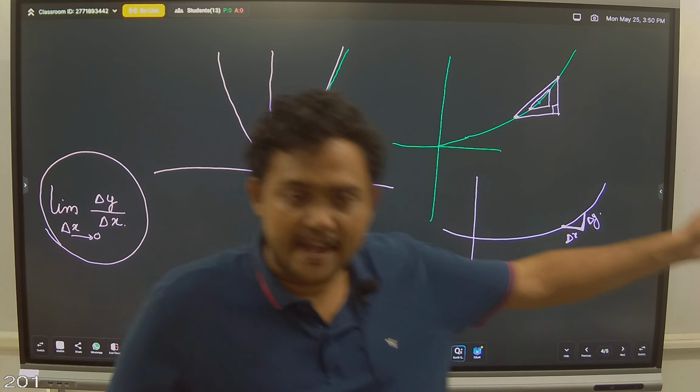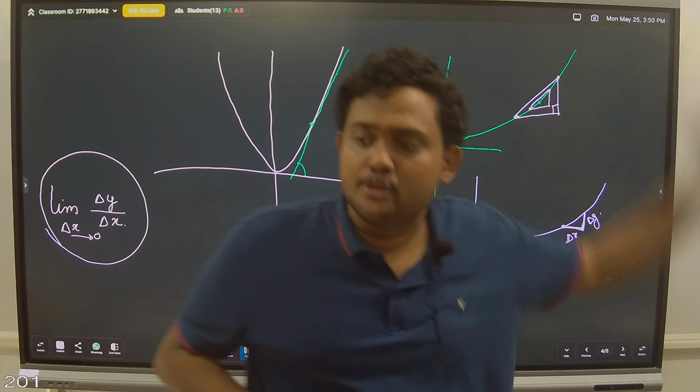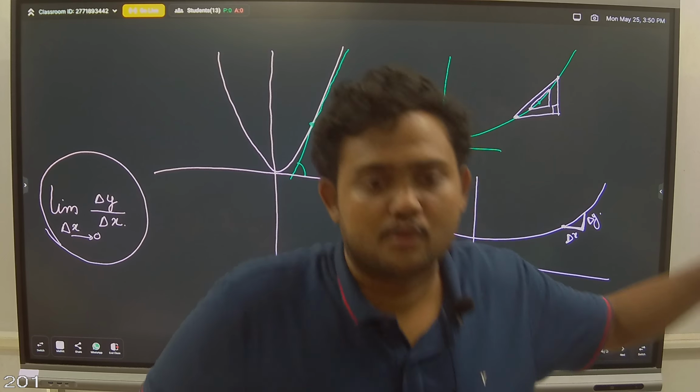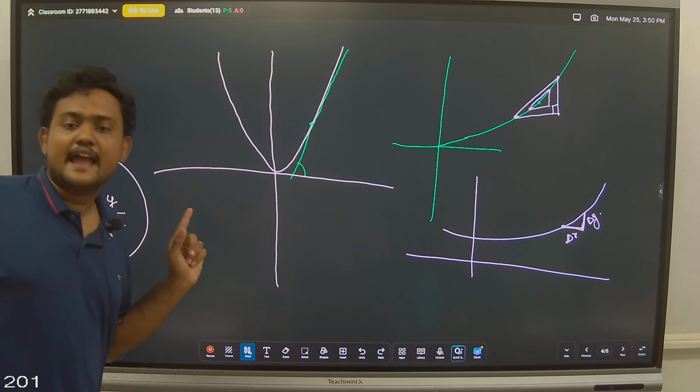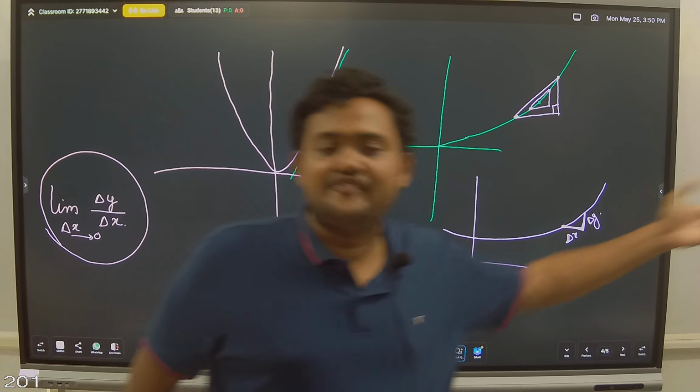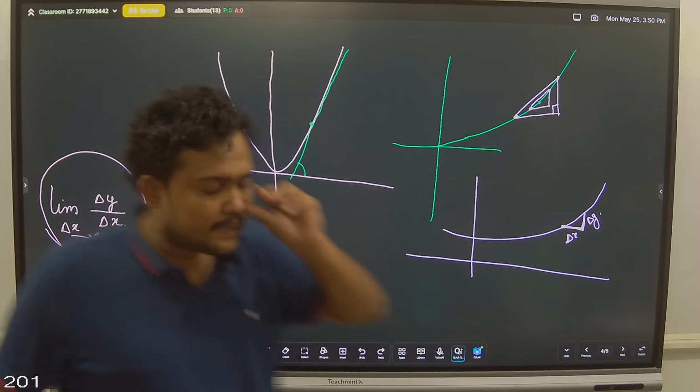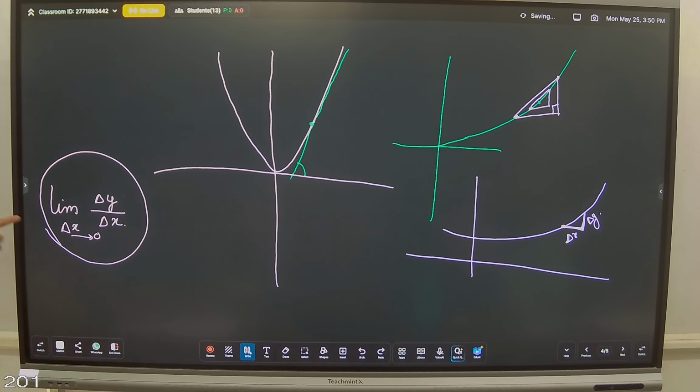The limiting value. We are not substituting delta x equal to 0, right? The example that I gave you, the variable was tending to infinity, right? So here it is tending to 0.